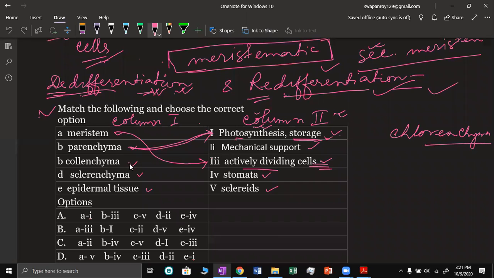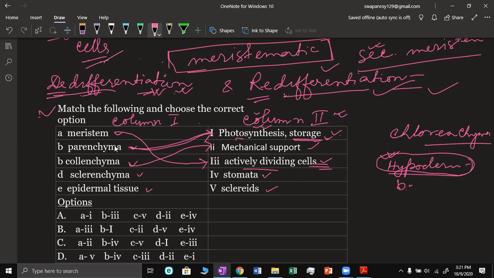Then collenchyma can provide mechanical support. Actually, collenchyma is present in the hypodermis of the dicotyledonous stem, right? And in the young branches, young stem, there is no vascular tissue.